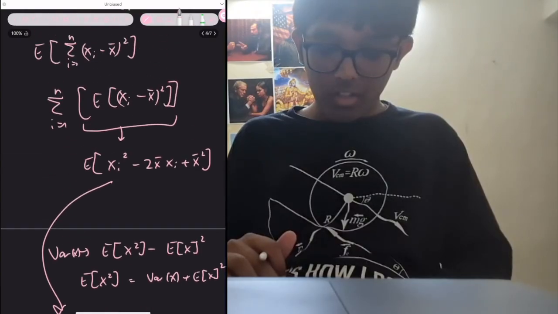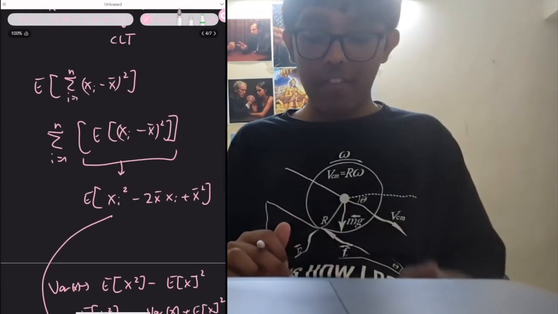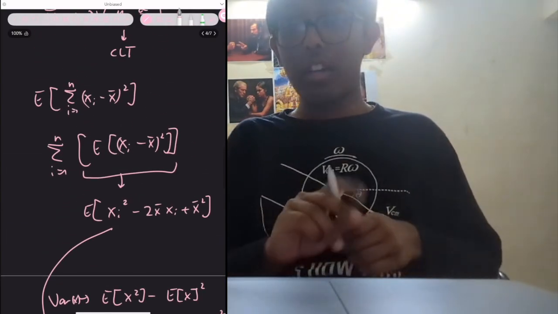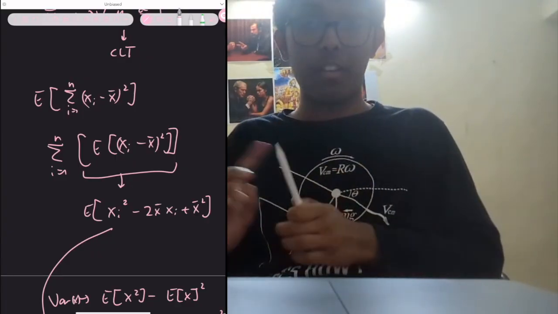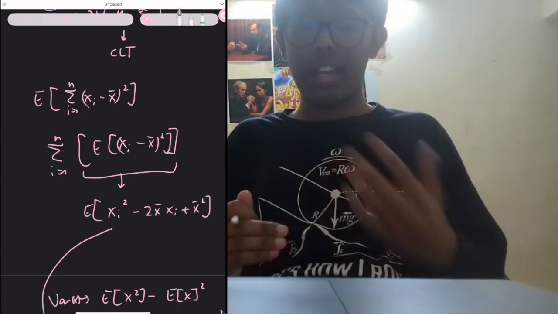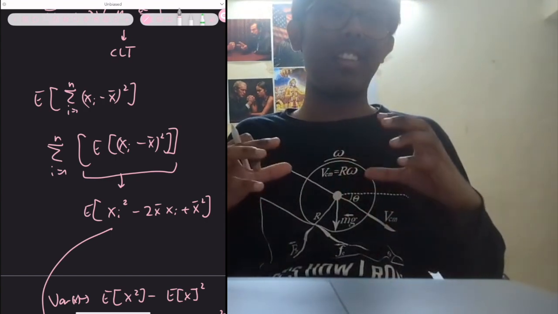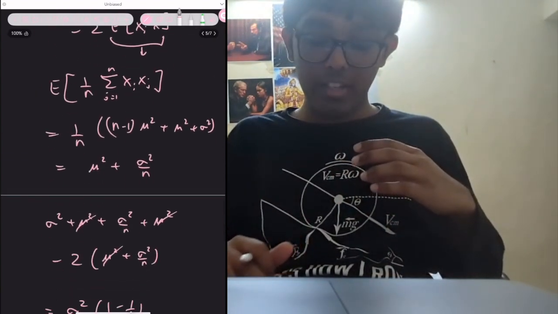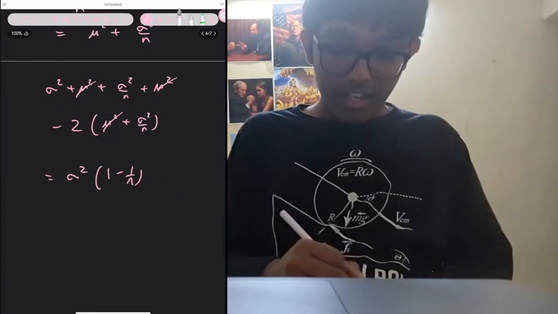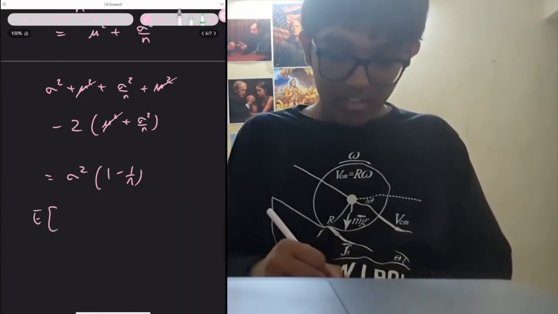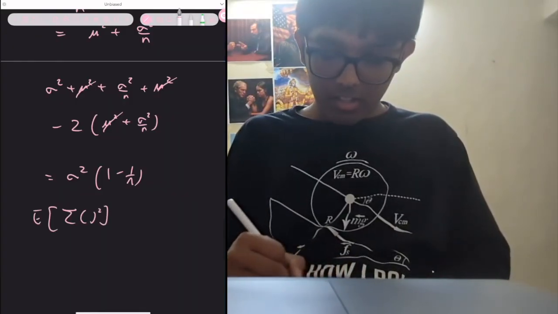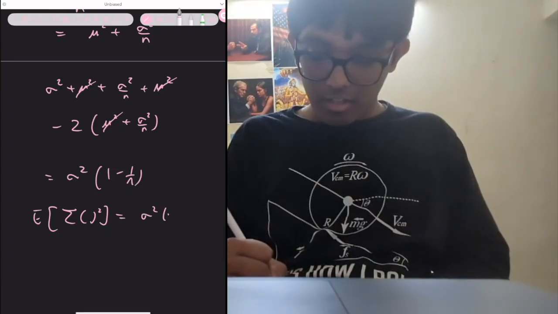This is just the value of the expectation of xi minus x bar whole square. We need to sum it up n times, and this quantity is independent of i. So the expectation of the final summation is sigma square times n minus 1.